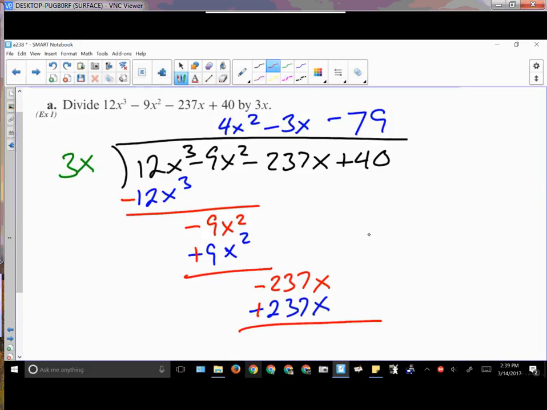Add, cancels out, brings down the 40. Nothing more that I can do. I have a remainder. So we end up with 4x squared minus 3x minus 79 plus 40 over 3x. Very similar to what you would normally do when you're dividing using long division.